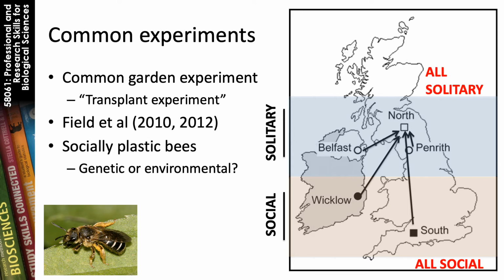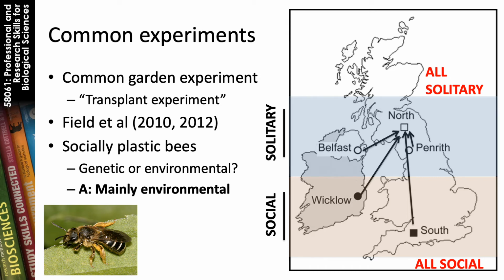And what they found was that individuals moved to the north, their offspring were all solitary, and individuals moved to the south, regardless of origin, were all social. And so the answer to that question is very nicely that they're mainly responding to environmental cues. And Field et al. supposed that was because of differences in day length and season length between the north and the south of England.